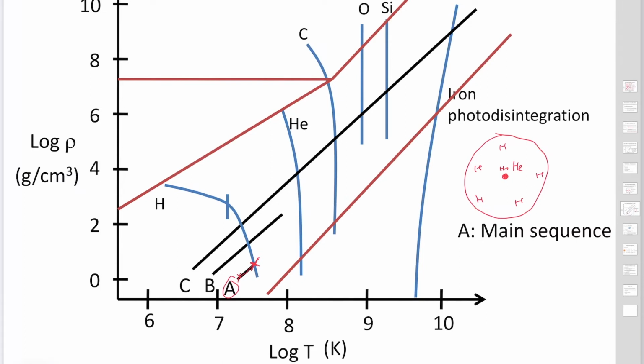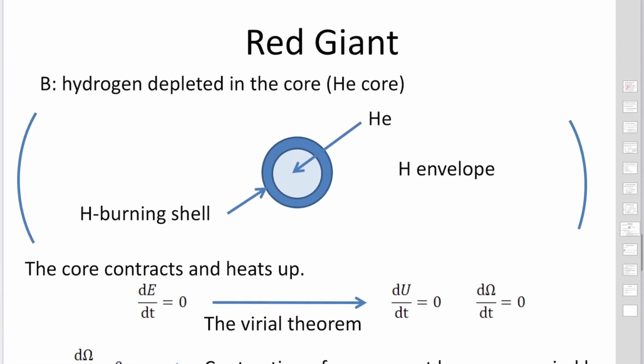As hydrogen is converted to helium, the central pressure and density are increasing. So in stage B, at the central point of the star, the hydrogen has been converted to helium. So at the central point a helium core exists.